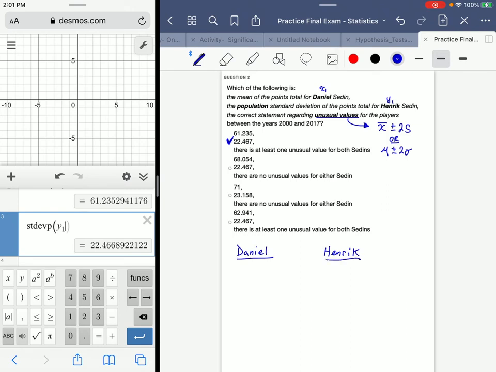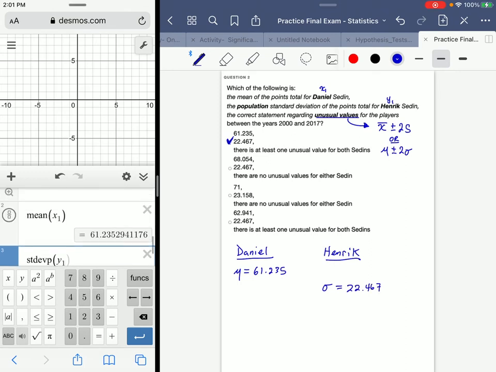We've already figured out the mean for Daniel, 61.235. We've already figured out the standard deviation for Henrik, 22.467. So let's go the rest of the way.